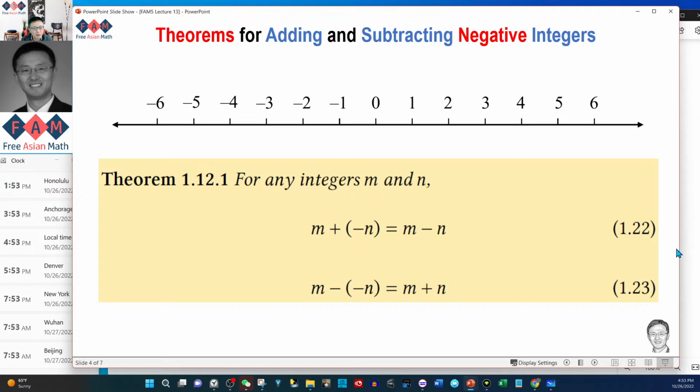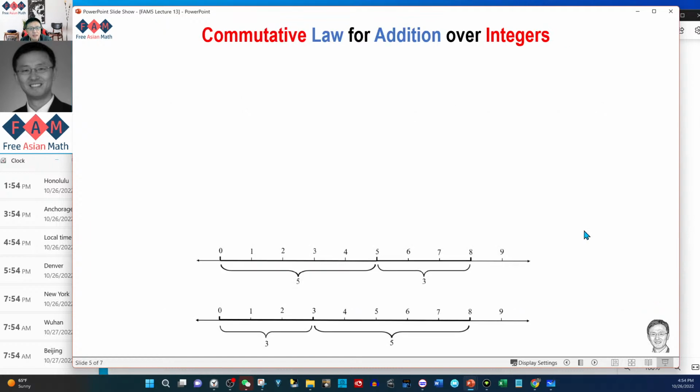So this is not an axiom, this is a theorem. What does that mean? It means that we need to prove it. We cannot just claim this makes sense because I have done quite some positive and negative addition or even subtraction and I know how this works. No, you cannot do that. If you have something that is not an axiom, you have to prove it.